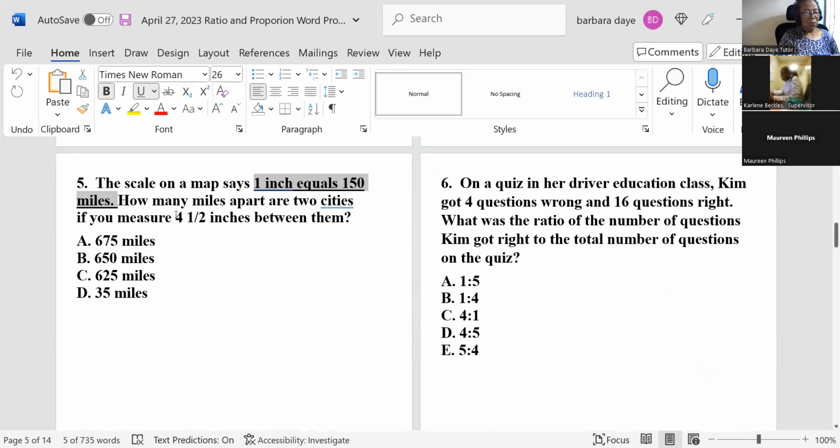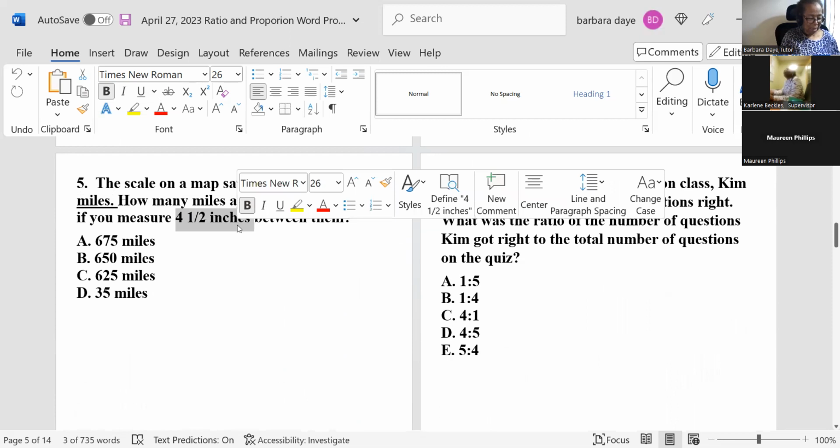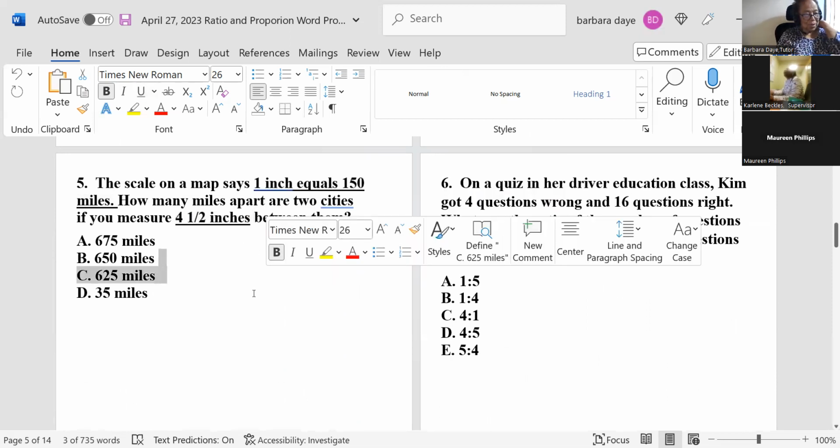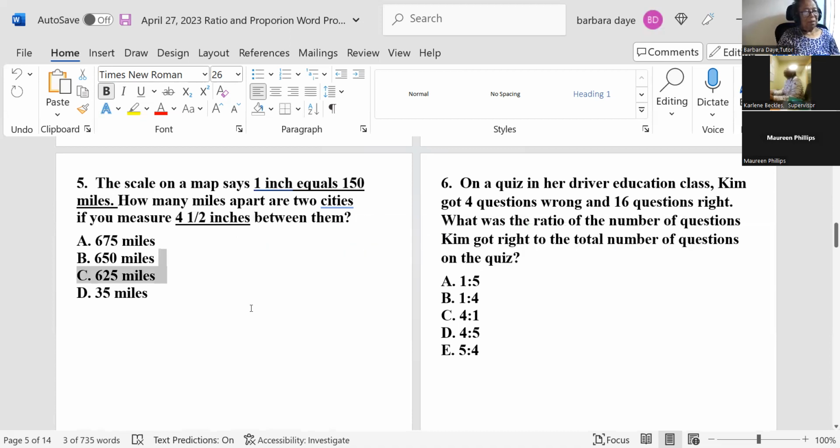So how many miles apart would two cities be if they are 4.5 inches apart? If 1 inch equals 150 and you have two cities 4.5 inches apart, what is that equivalent to in miles? So set that one up and solve it.